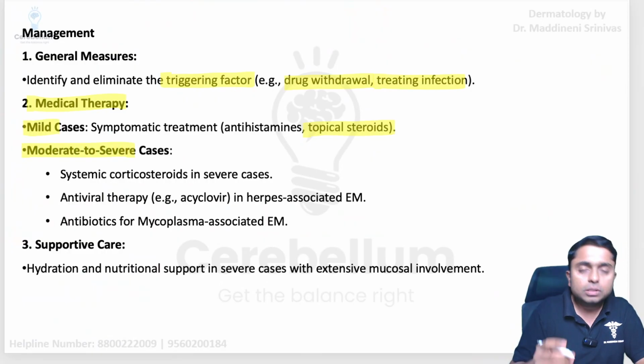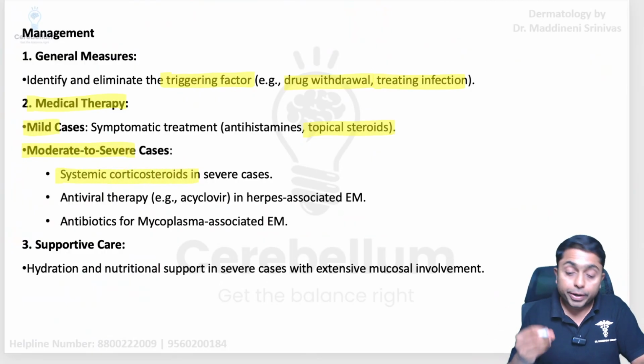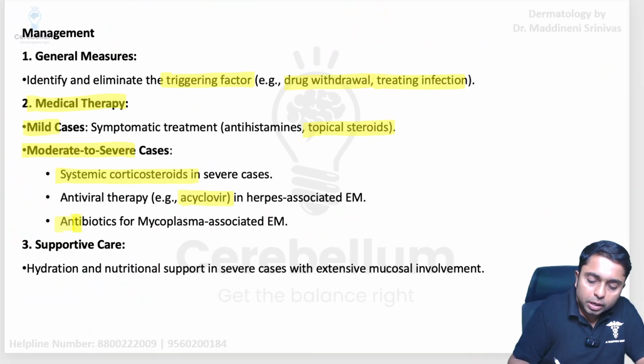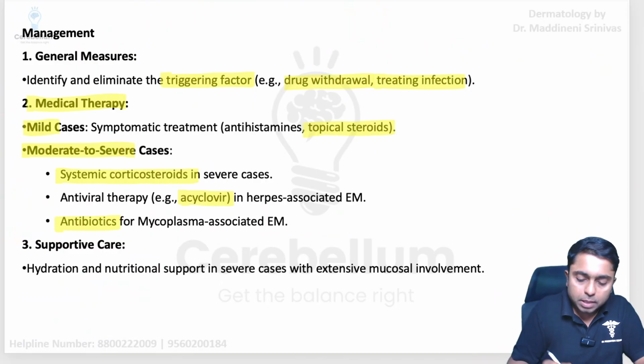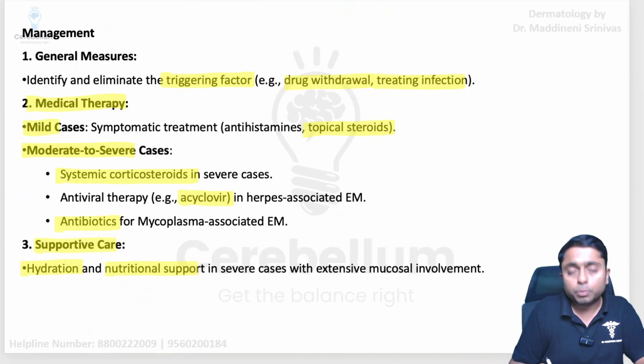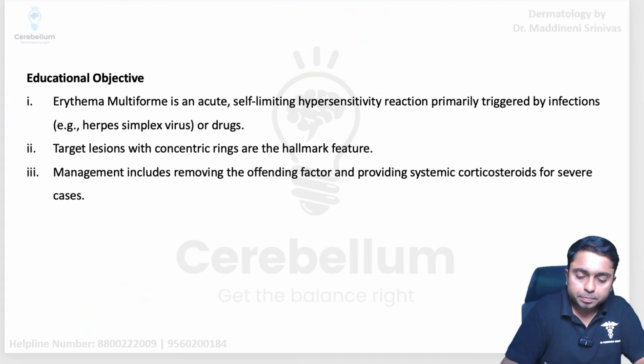If it is moderate to severe, admit the patient and give systemic corticosteroids, antiviral therapy, acyclovir, and antibiotics for the mycoplasma associated. And supportive care, hydration must be done, and nutritional support, because it will be difficult to eat, isn't it? Mucosa will be involved, so we have to take care of the nutrition.